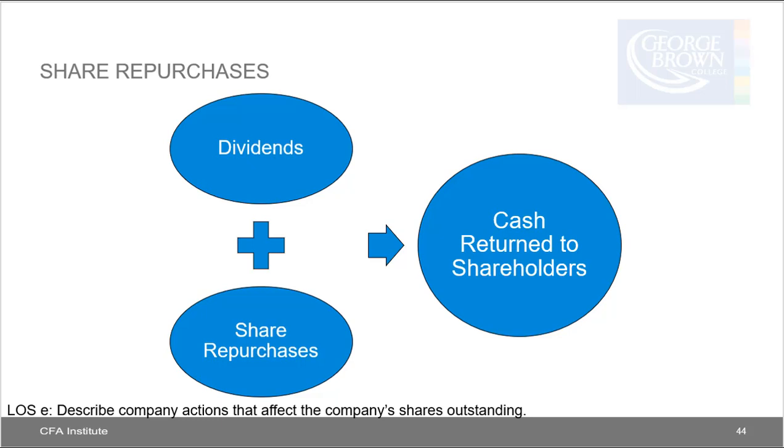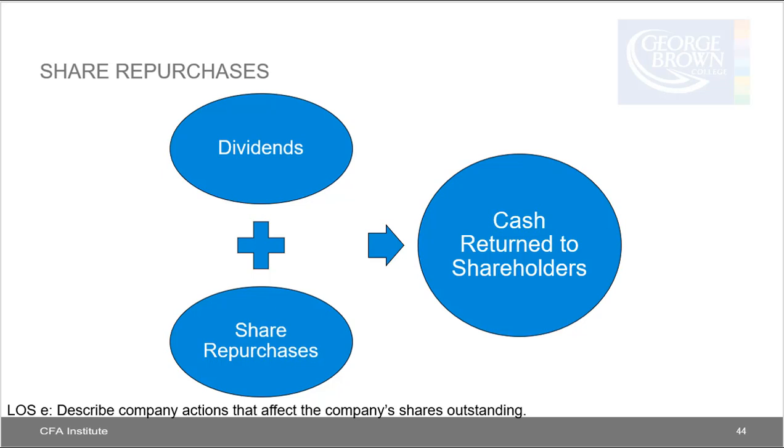Now we're moving on to share repurchases. Companies may choose to return cash to shareholders by repurchasing shares rather than paying dividends. Okay, so the company has a lot of cash on the balance sheet. Again, you can pay dividends to common shareholders. That will decrease retained earnings.